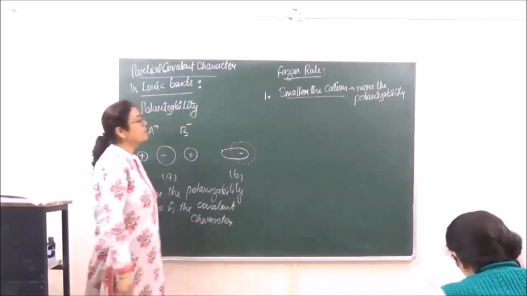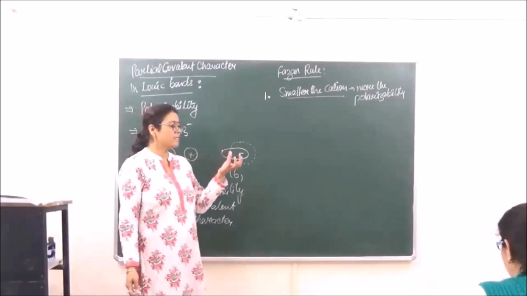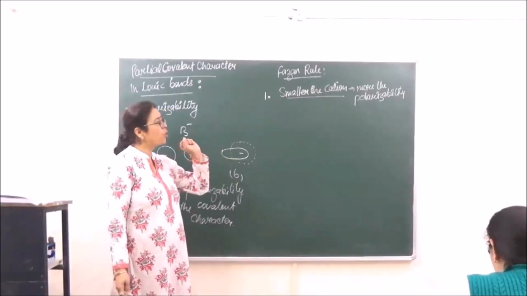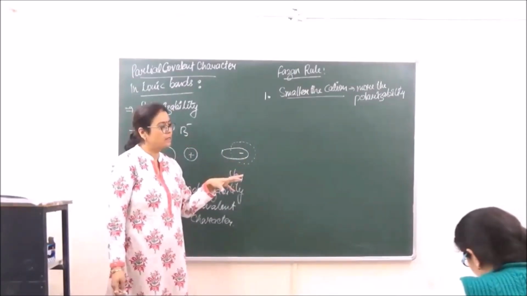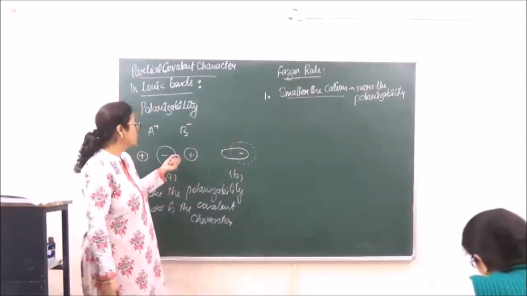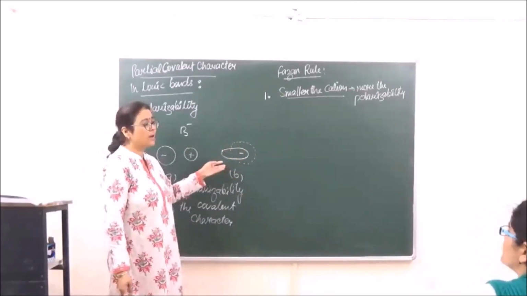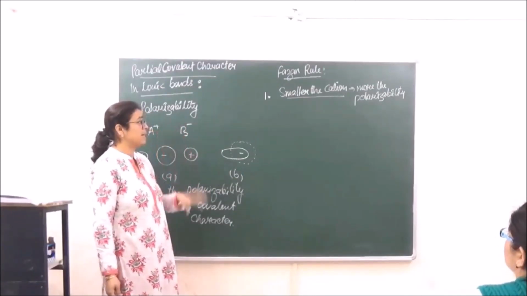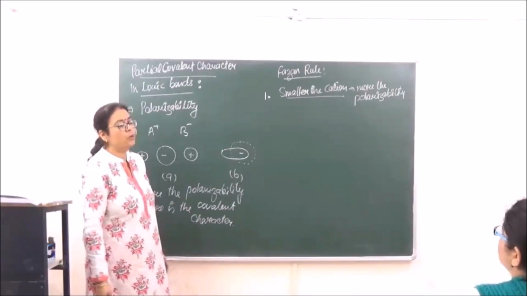Now why is this happening? Because if the size of the cation is small, then the nuclear charge will more effectively reach the outermost shell, as a result of which it will more distort the cloud of the anion. That is why we say that smaller the cation, more is the polarizability, and hence more is going to be the covalent character.